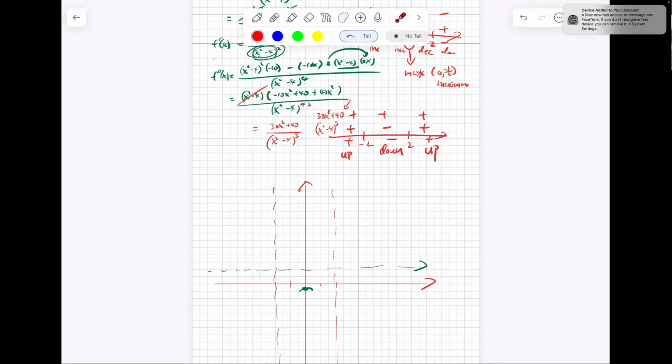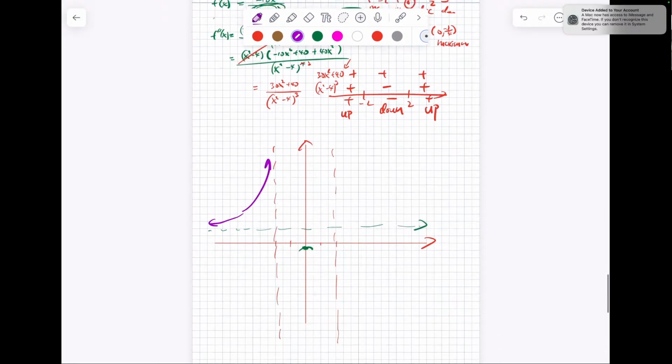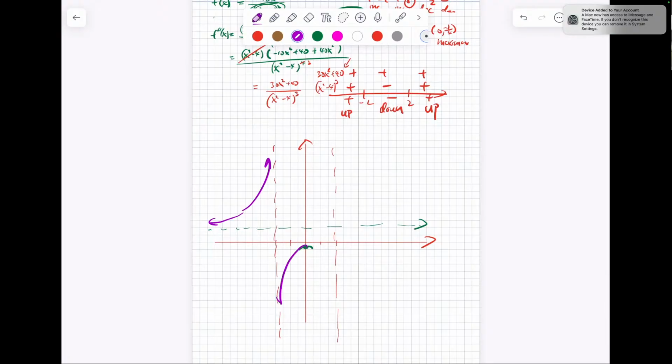We only care about what happens as they go to negative infinity. So this part of the graph is going to go here and go into here. It has to be concave up, and this asymptote is never going to touch. Now here is going to give you concave down and increasing. It's still increasing because going from left to right it still goes up.